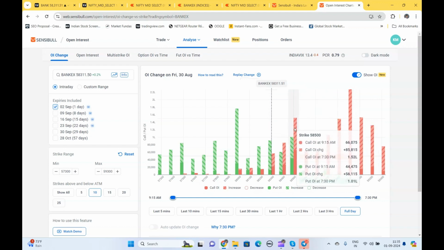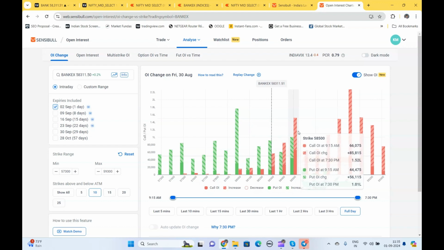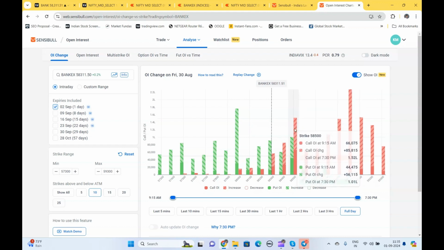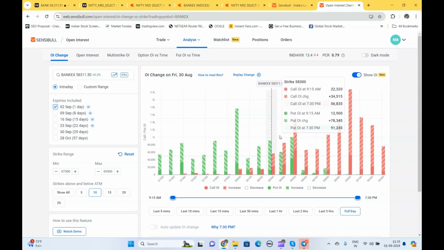And if it breaches 58,500, you can definitely go long. And if it comes close to 58,000, wait and watch, because this is the first time and it cannot break easily. So you can play for a small scalp trade on the short side.